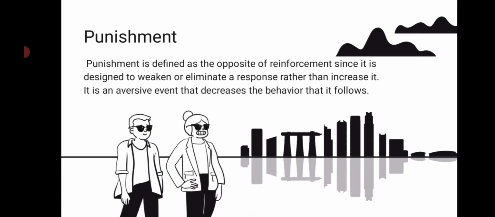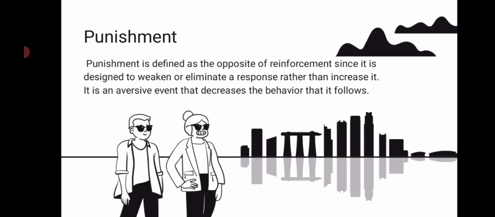Like reinforcement, punishment can work either by directly applying an unpleasant stimulus like a shock after a response or by removing a potentially rewarding stimulus, for instance, deducting someone's pocket money to punish undesirable behavior.